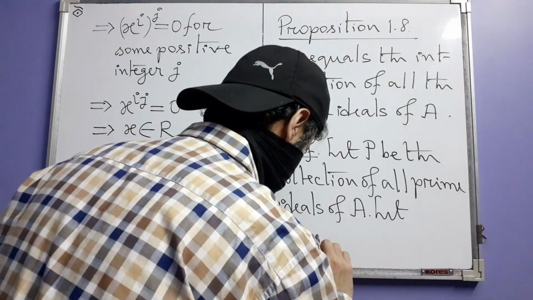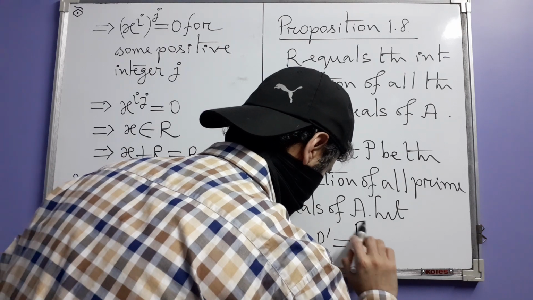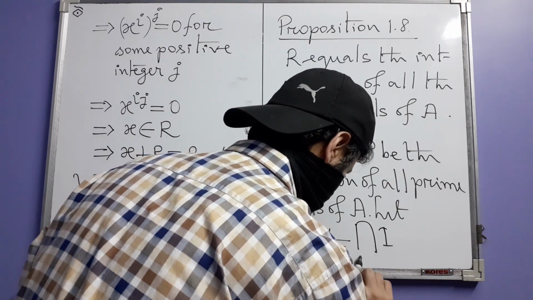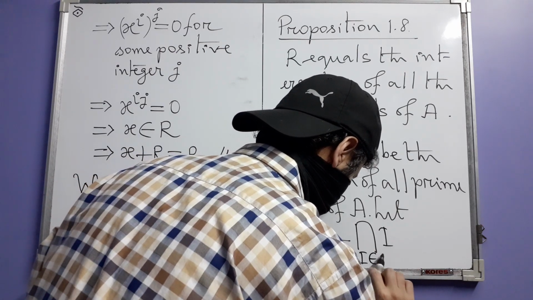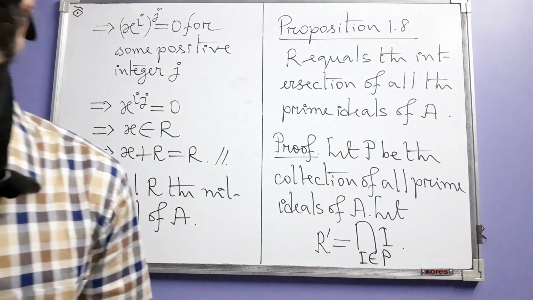So let us call this R prime. Let R prime be the intersection of all the ideals in P. So R prime is the intersection of all the prime ideals of A.